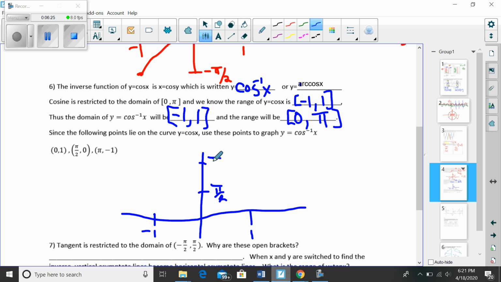So you take a minute, pause the video if you need to, switch your x and y here, and plot.